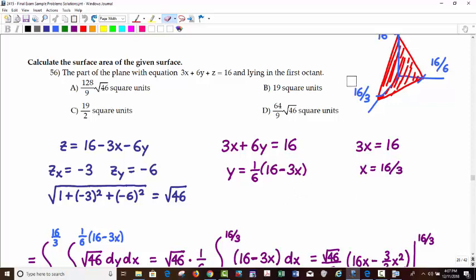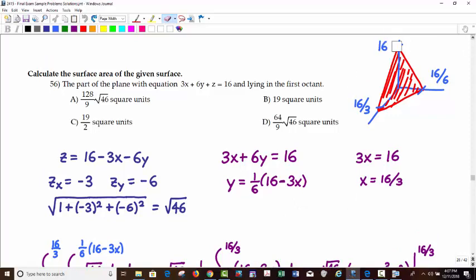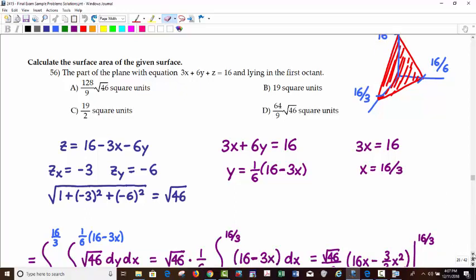I got that z-intercept, even though we didn't need it. To get the z-intercept, you would put in 0 for x and y. So it just gives you a height of 16. All we really need is the base. So the base equation on the xy plane means z is 0. So our region of integration is going to be 3x plus 6y equals 16.